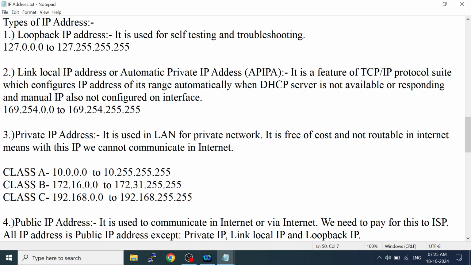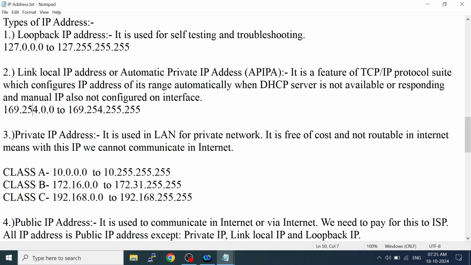Next type is link local IP address. So what is a link local IP address? On a computer, we can configure IP in two ways, either manual or automatic. If we configure automatic, we use a DHCP server. Suppose there are 1,000 computers in your network.